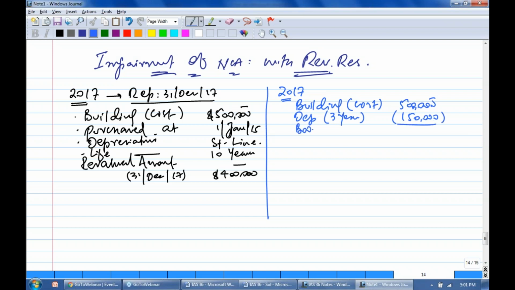So book value 350,000, and the revalued amount is 400,000.